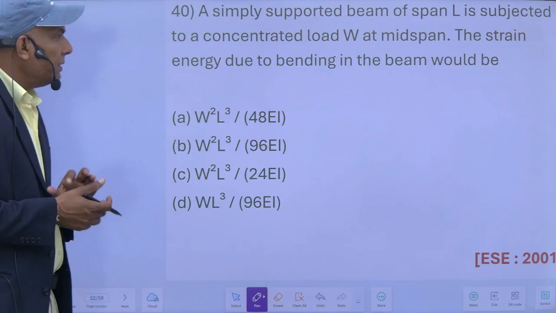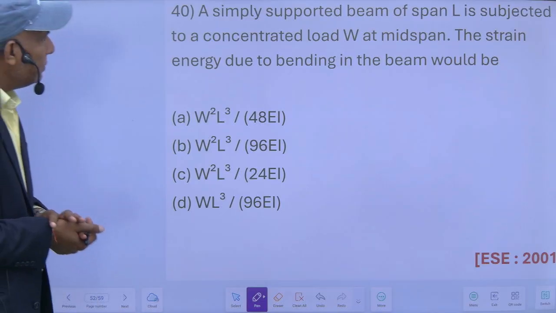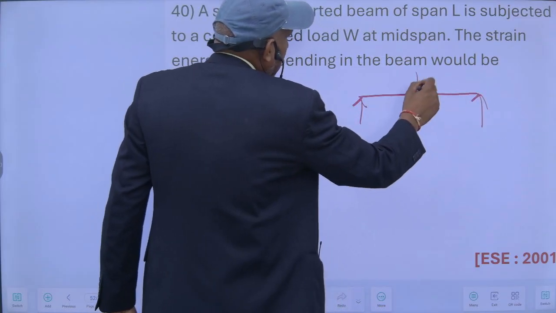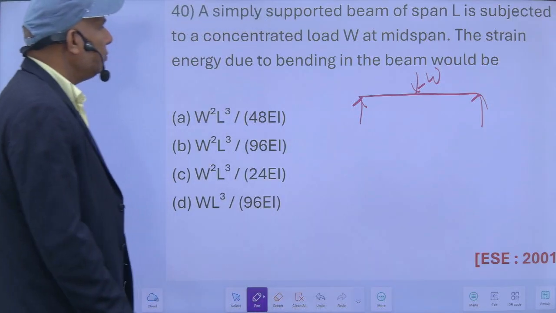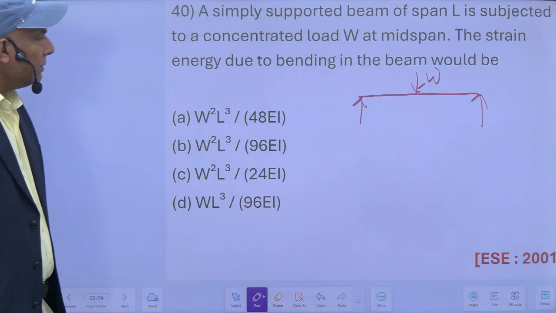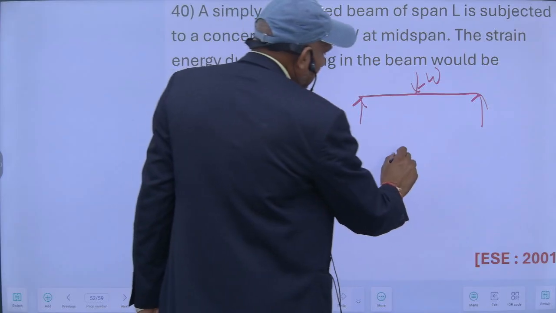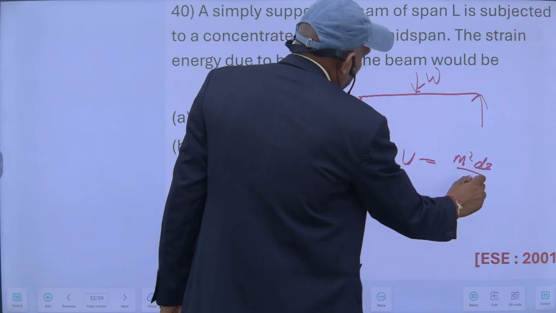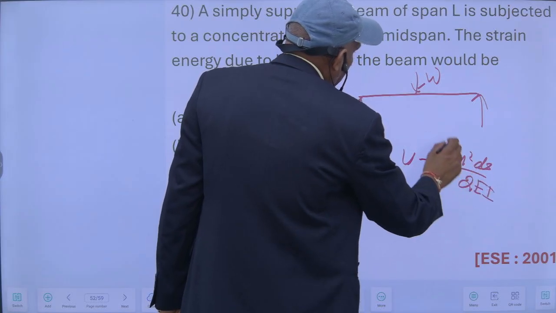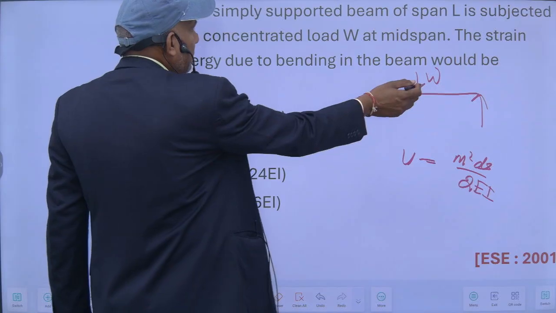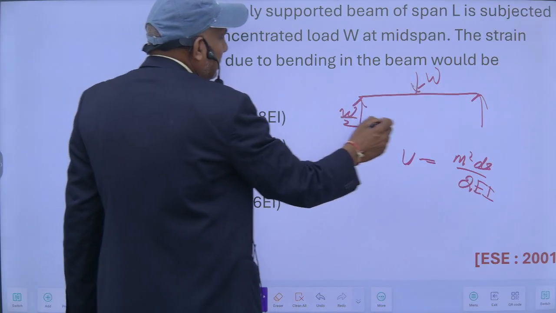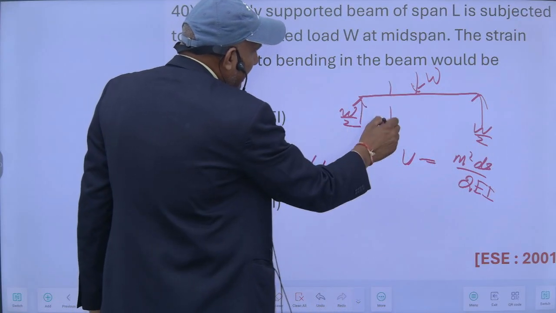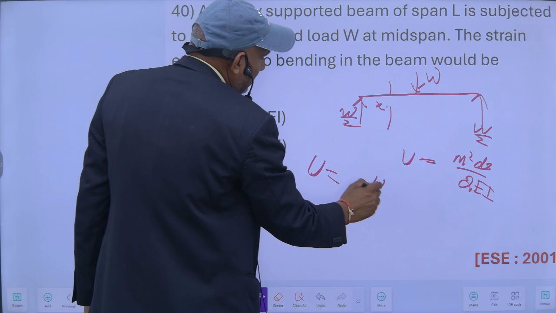A simply supported beam of span L is subjected to a concentrated load W at mid span. The strain energy due to bending in the beam, strain energy is equal to M square ds upon 2EI. This is the formula for strain energy. So if this is W, reaction will be W by 2. So strain energy U: if I take x, M will be W by 2 into x.